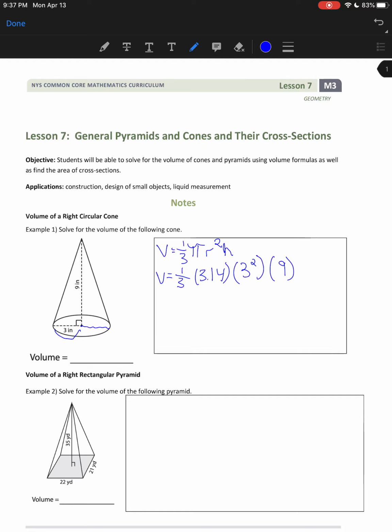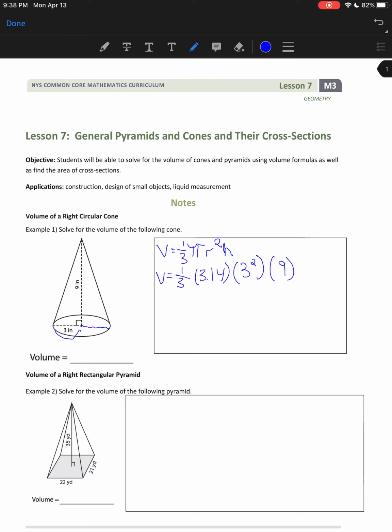You can put that in as parentheses 1 divided by 3, right? Times 3.14 times 3 squared times 9.